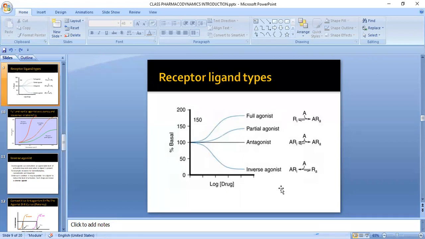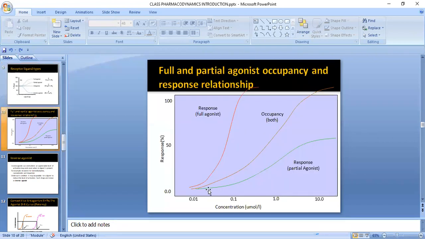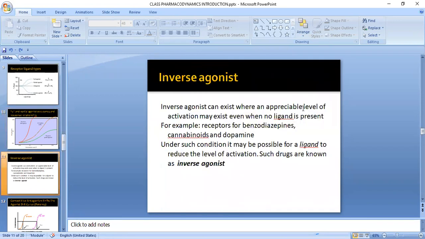Then I have used a graph showing the response of the drugs in case of full agonist and partial agonist. The green line is the partial agonist. The concentration of the drug can be 10 milligrams for all three, but the response of the partial agonist is less, whereas for the full agonist the response is more than 100. Then the concept of inverse agonist.